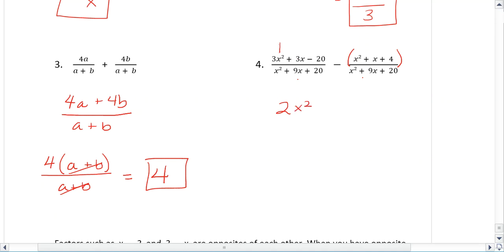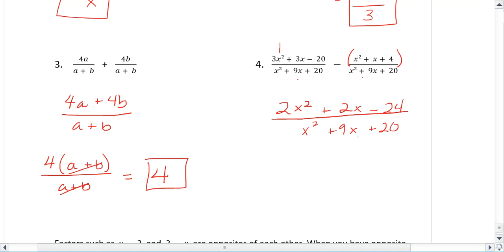Then we have 3x minus x, which is 2x. And then we have negative 20 minus 4, which is negative 24, all over the common denominator of x squared plus 9x plus 20.